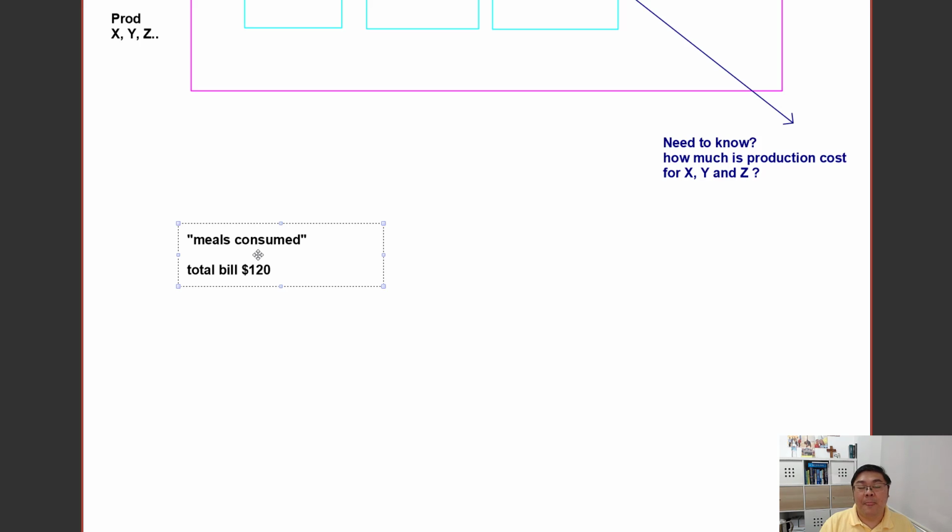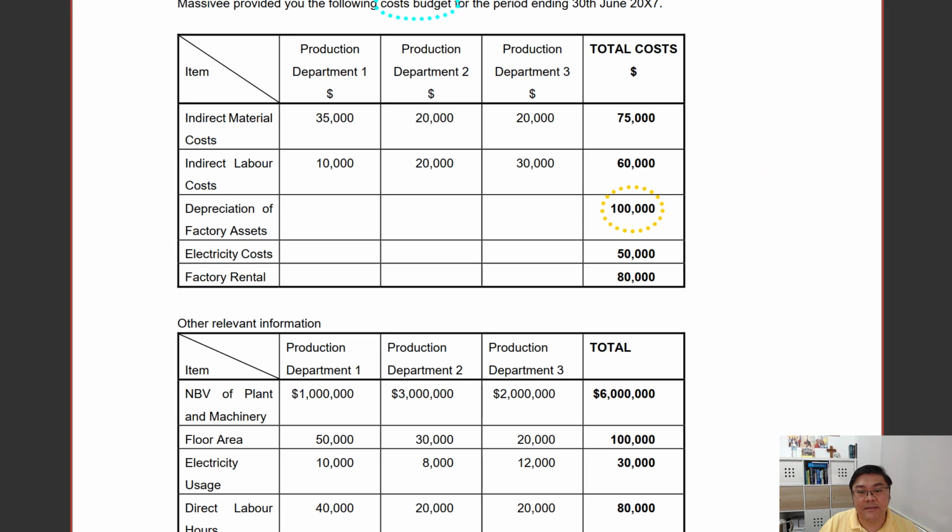So you ask, how many meals have you consumed? If each of us consumed in total 6 meals, we divide it by 6, and a person who has just consumed 1 meal pays 20. If you've consumed 2 meals, you pay 40. Makes sense. At the end of the day, we just want to come to a logical basis that allows us a fairly acceptable manner to apportion the cost.